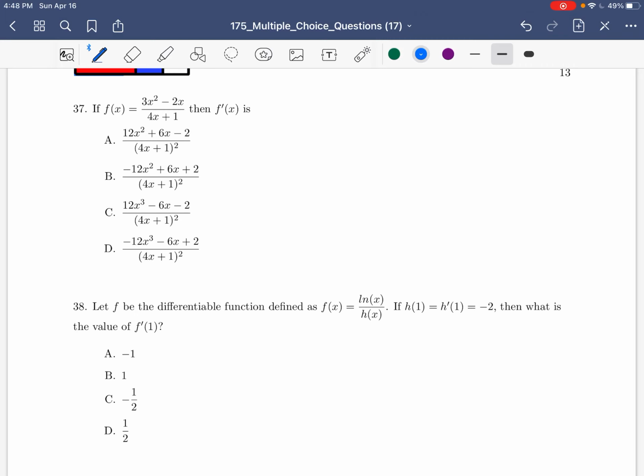All right, 37. This is another one where we obviously have a numerator and a denominator, so we're going to need quotient rule. We're going to use that same rule.